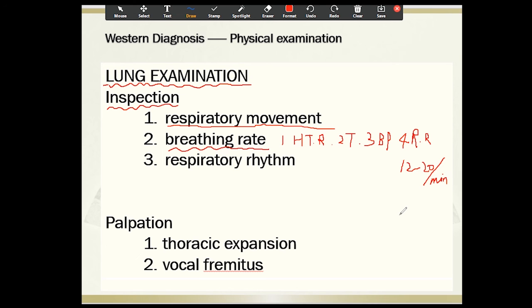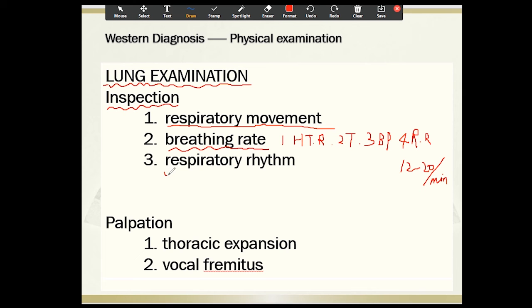So generally we tell the patient to rest about 10 to 20 minutes, depending on how much exercise he did. If he just walked in slowly, about 10 minutes is enough. But if the patient truly just finished some exercise, we need more time to rest. Then we calculate. So that's the respiration rate.